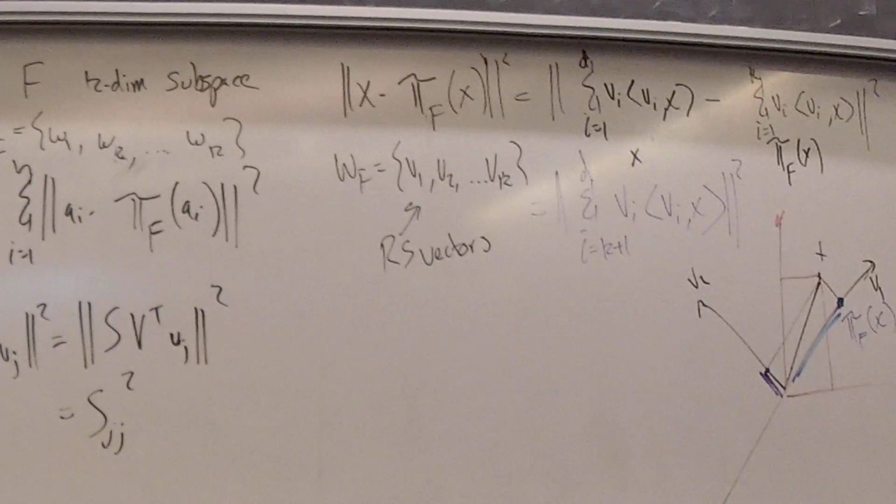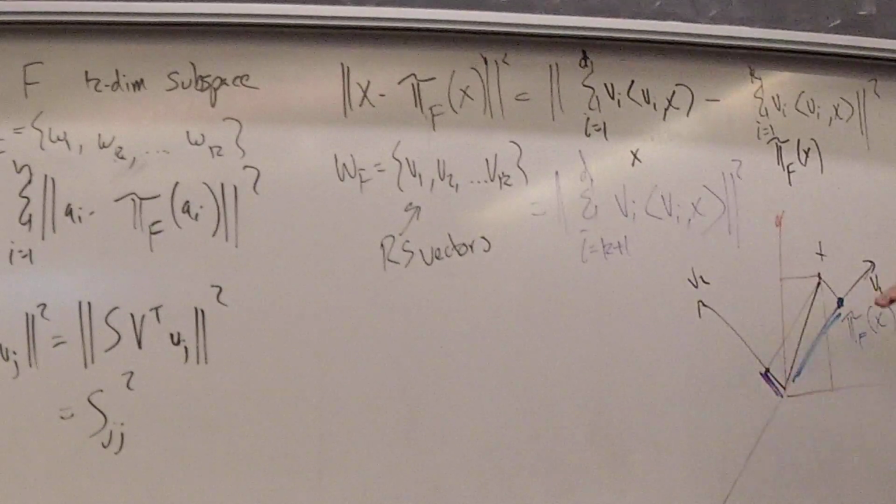So if I do a projection, I can decompose the squared norm of any point by the Pythagorean theorem. The squared norm is the sum of this squared distance plus this squared distance.